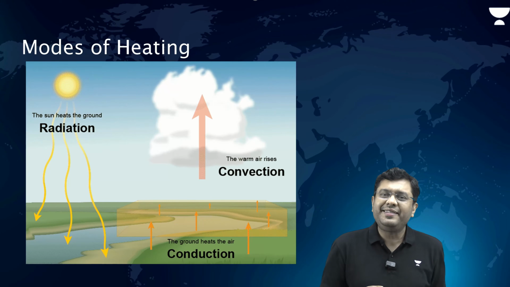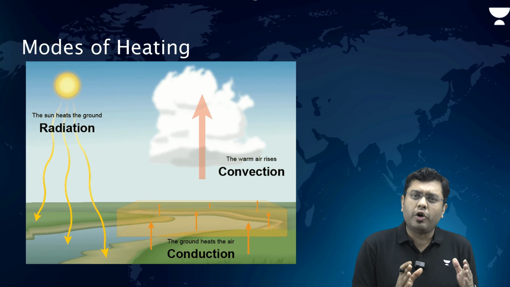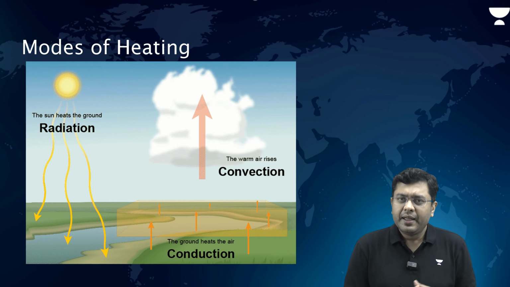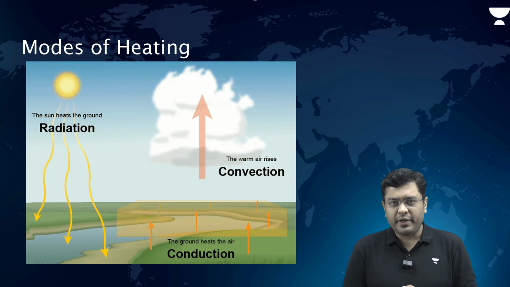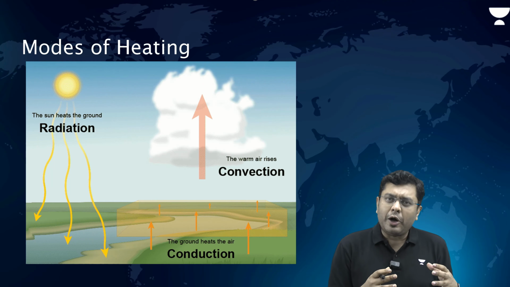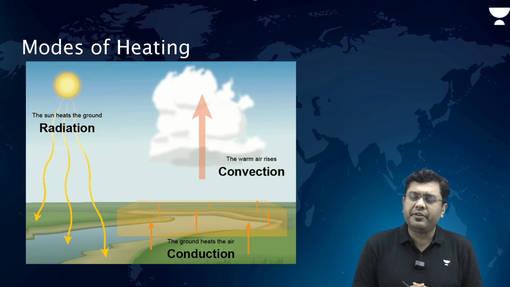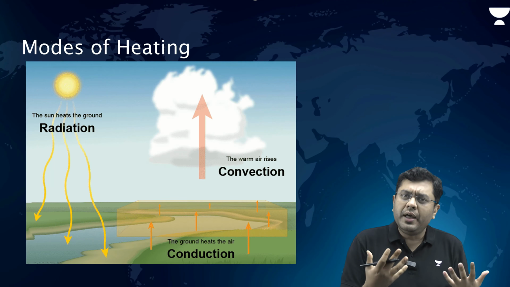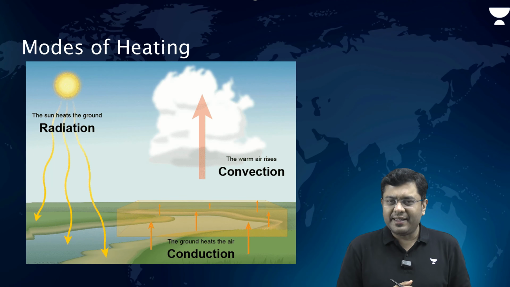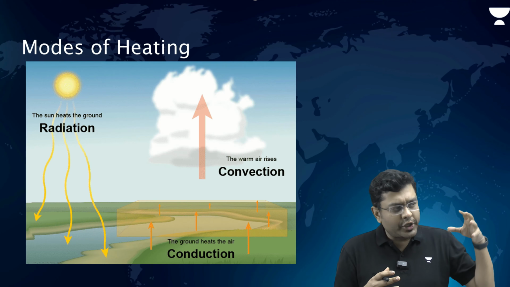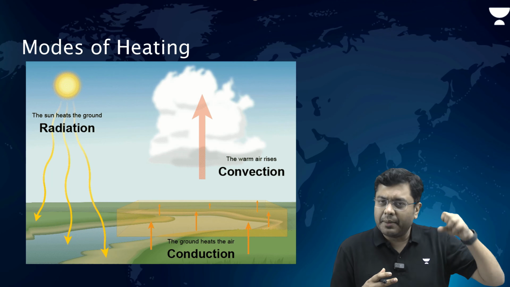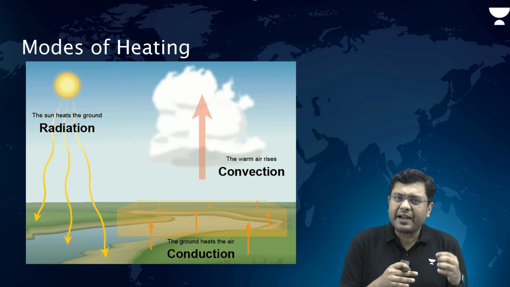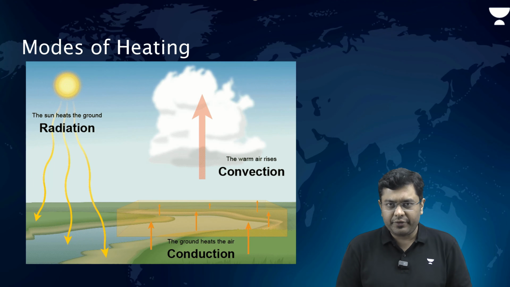That is basically because of the various modes of heating that the atmosphere experiences. If we talk about the mode in which the atmosphere receives its heat, the popular preconceived notion tells us that solar insolation or the solar rays will heat up the atmosphere directly, but that is not what happens near the ground surface.